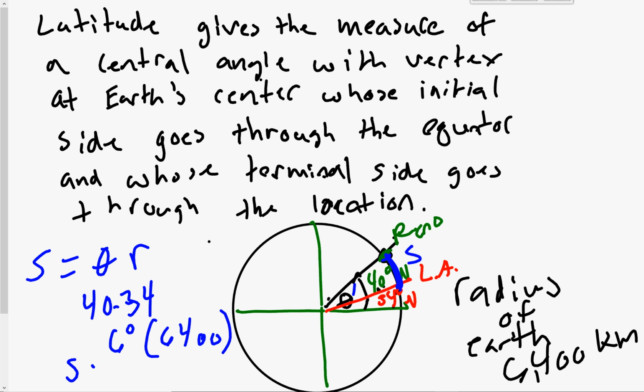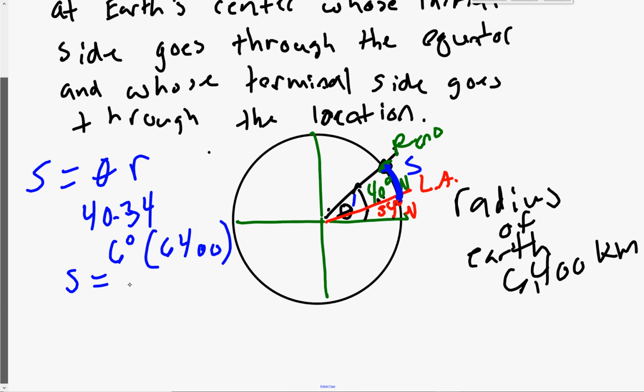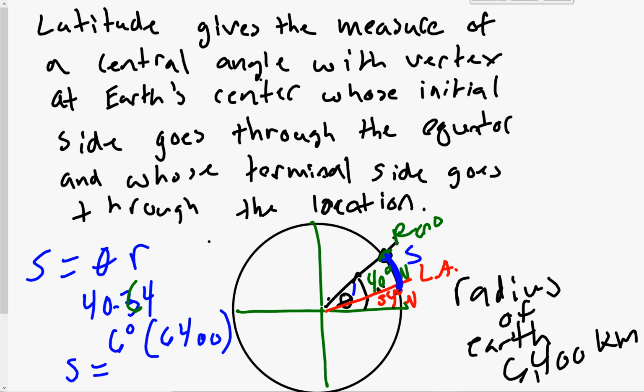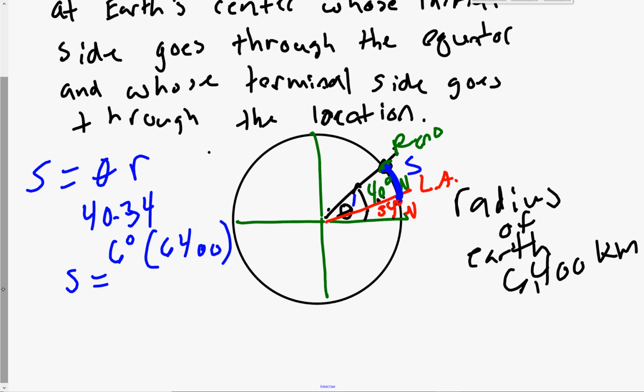And that's going to give me the distance between those two. But there's a problem, right? I can't use 6 degrees, can I? So I have to take that 6 degrees and convert it by multiplying by pi over 180, and then I can multiply it by 6,400.